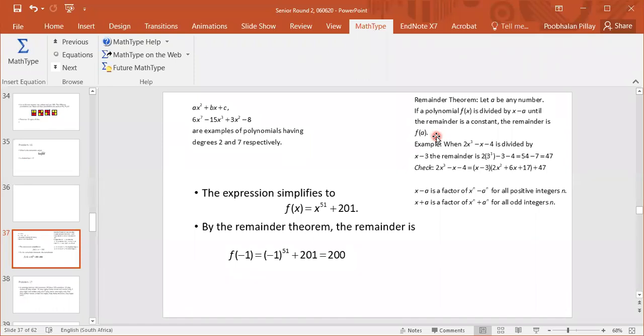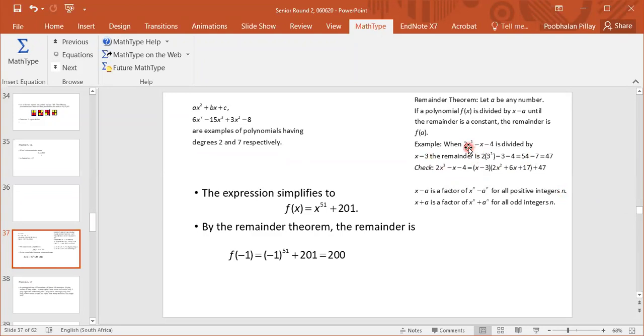So it's a very powerful thing. You can find the remainder very, very quickly. Now let's take an example. Suppose I take 2x cubed minus x minus 4, and I divide it by x minus 3, right? Then the value for a here is 3.